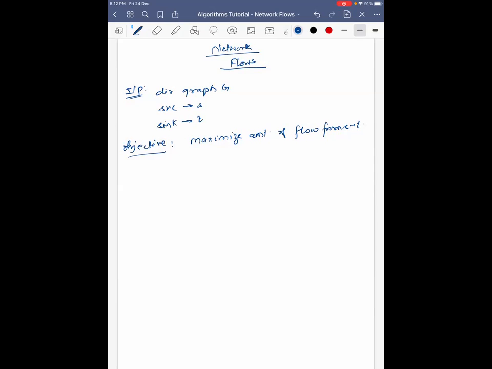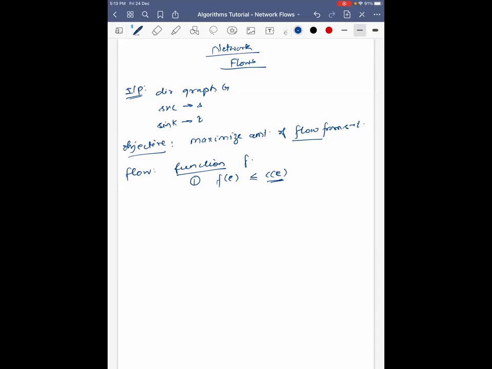So our objective is then to push as much flow as possible from the source to the sink. Of course, we need to define what this flow is. Flow is essentially a function f which satisfies two properties. The first is that for any edge, f of e will be less than or equal to c of e, where c of e is the capacity of the edge and f of e is the flow on that edge.